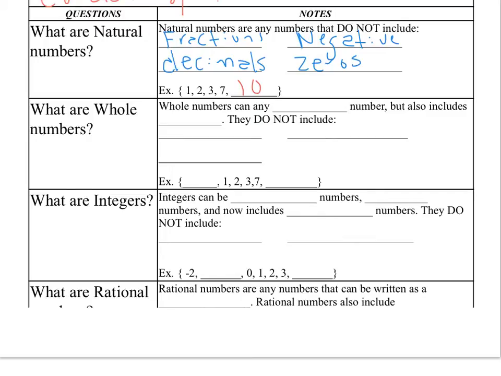And whole numbers can actually be any natural number. Okay, natural. Alright, sorry about my spelling. But they also include zeros. Alright, whole numbers can be any natural number, but now includes zeros.